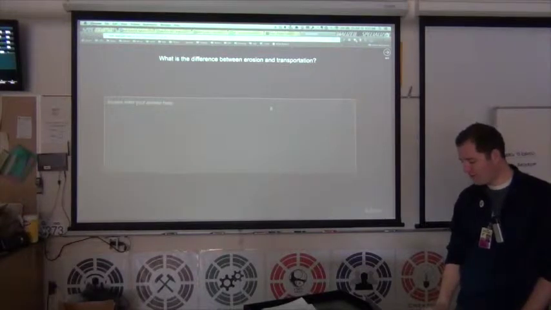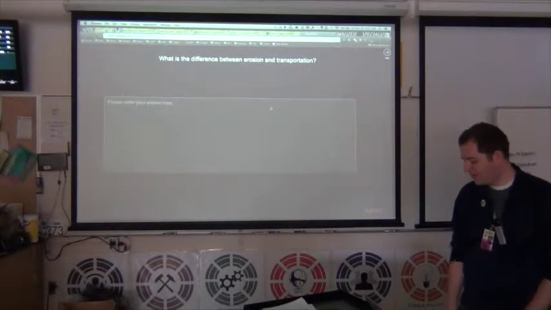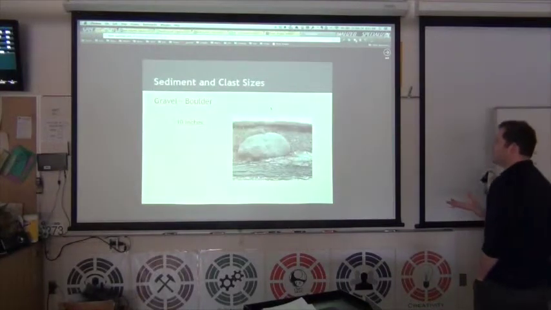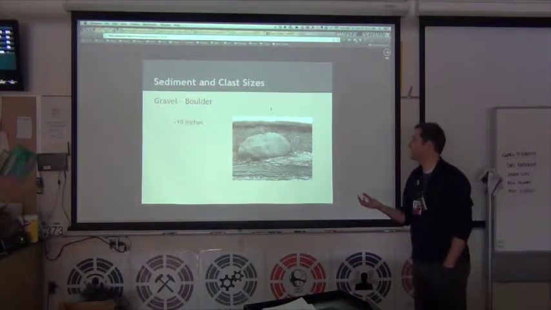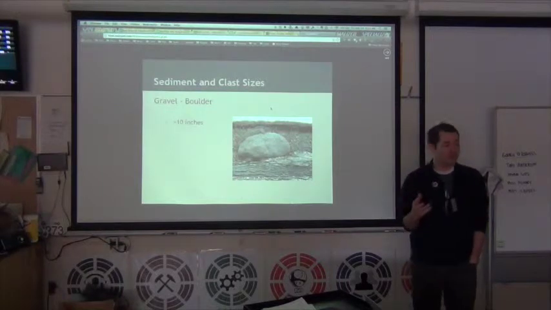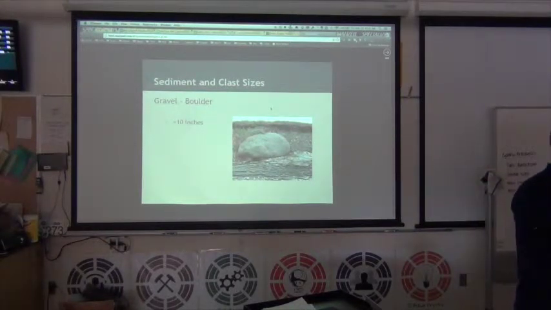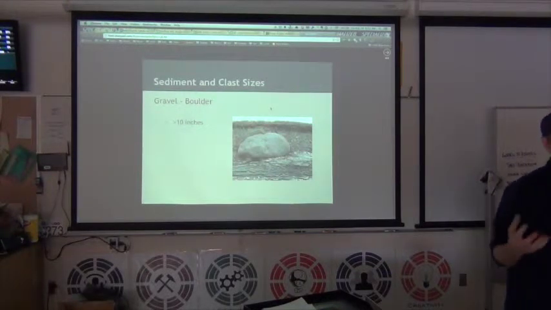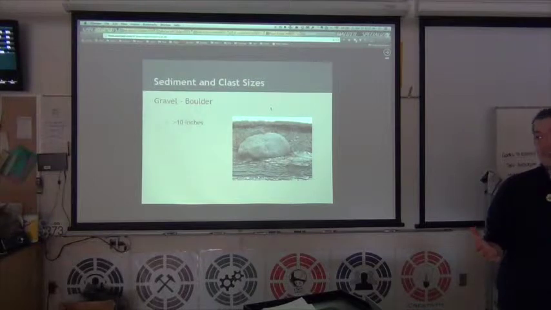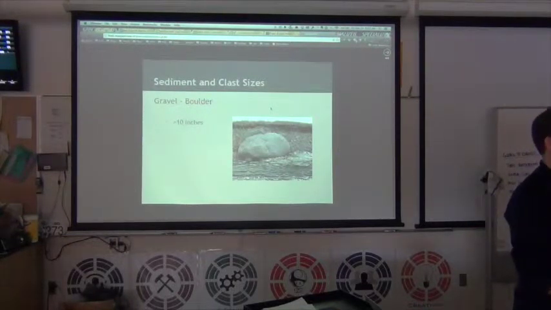Okay, we're going to go ahead and go to the next one. We're going to talk about sediments or clast sizes. So we have sedimentary rocks. Sedimentary rocks are made of sediments, and sediments are pieces of rocks. We can classify or identify sedimentary rocks based on the sizes of the pieces of rocks in them.